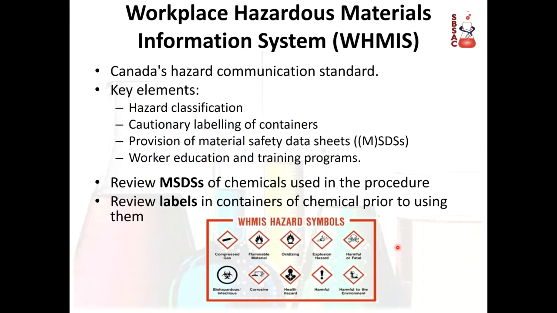So classification of hazards and the proper labeling of chemicals. Any chemical in the lab should follow the WHMIS labeling. And it also tells you that in every lab you should have a material safety data sheet, a full sheet that gives you all the details about any chemical present in the lab. Together, they also standardize education and so on.